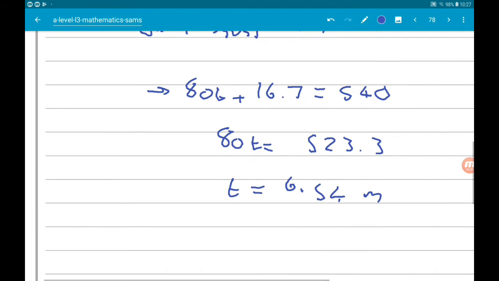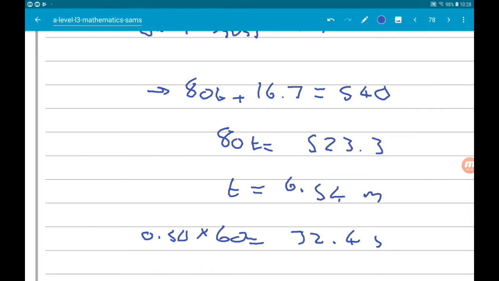So we need to do 0.54 times 60 to turn that part into seconds. So 0.54 times 60 is 32.4. So that's seconds.